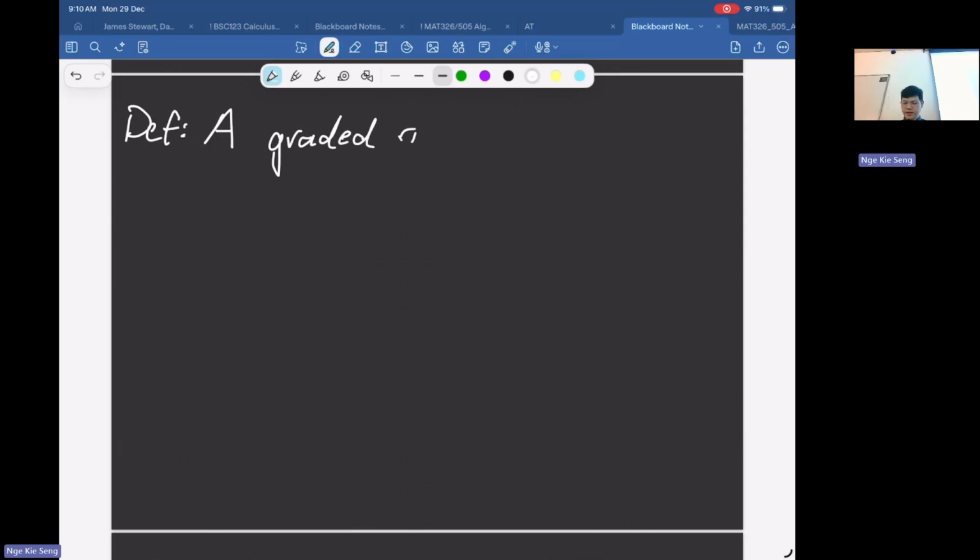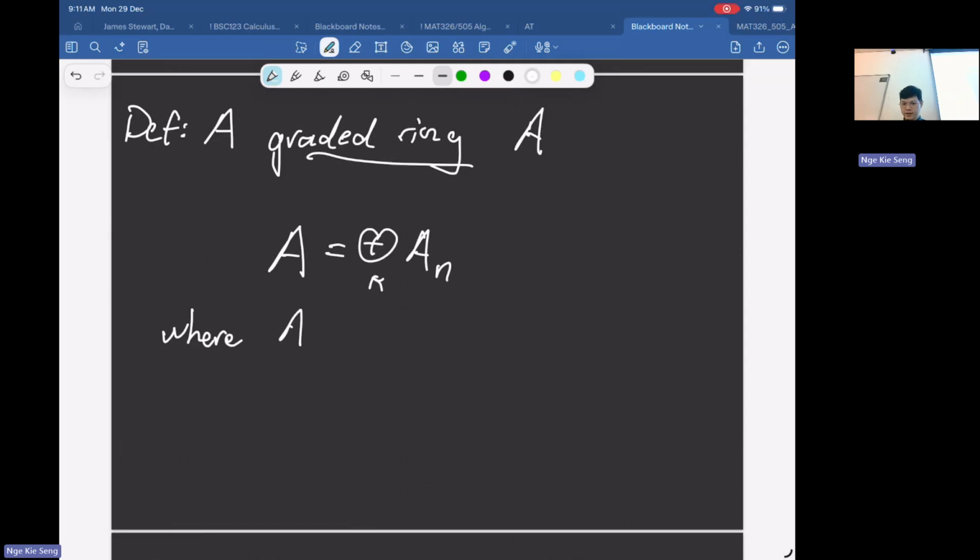So what's a graded ring? A graded ring, we can write it as a direct sum of A_n, where each A_n is an additive subgroup. Meaning if you take two elements in A_n and add them together, you stay in A_n.